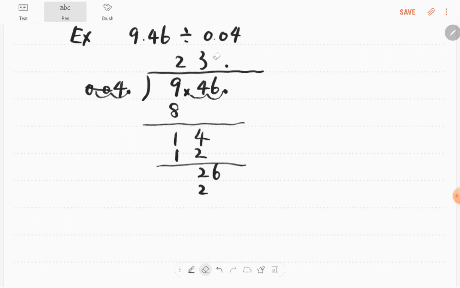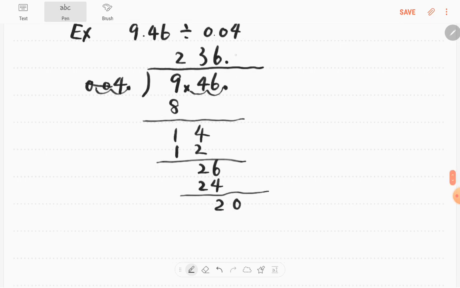It will be 6, 24. 2, then we add a 0 to get. Okay, now we're done. But don't forget, you also need to put the decimal point in your answer. Okay, so that's your final answer.